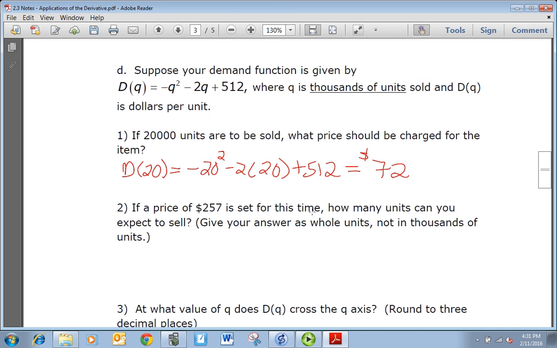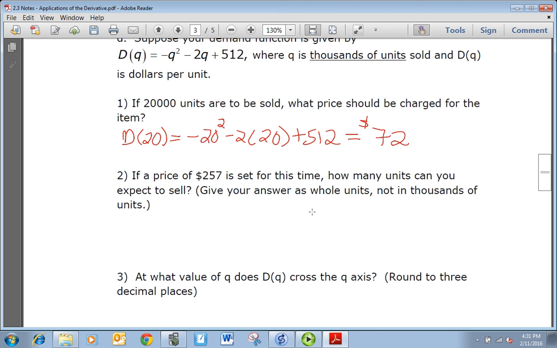If a price of $257 is set for this item, how many units can you expect to sell? Give your answer as whole units, not in thousands of units.